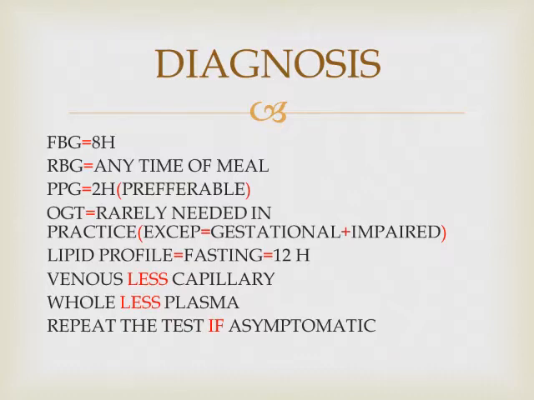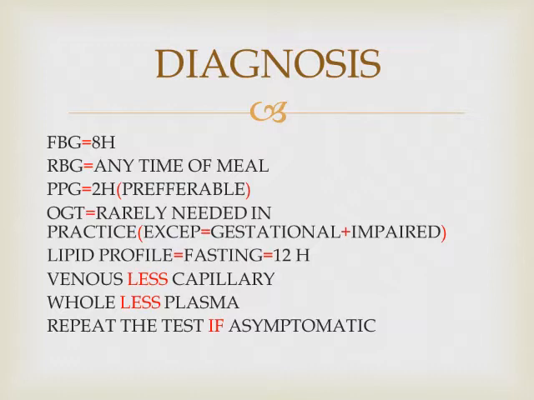Drinking water is allowed. Random blood glucose means that we test the glucose in the blood at any time of the meal, whether 2 hours, 3 hours, etc. Postprandial glucose means 2 hours after a meal, which is the preferable time for measuring and following up patients with diabetes. The oral glucose tolerance test is now rarely needed in practice except in gestational diabetes or impaired glucose tolerance. For a lipid profile, the patient should fast at least 12 hours.